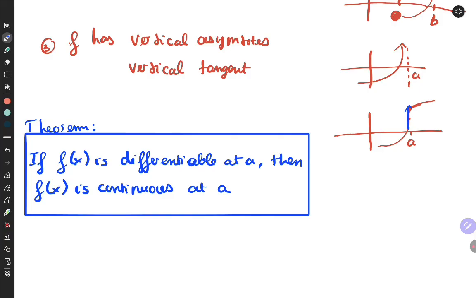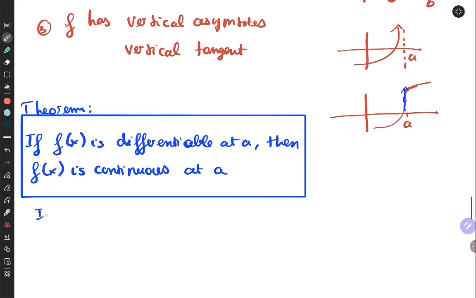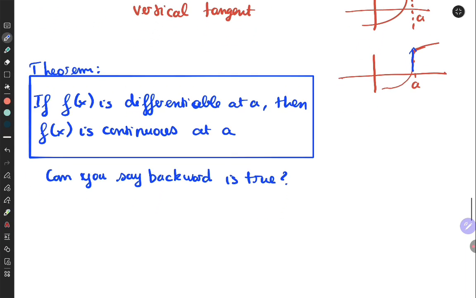Then I ask you this question. Can you say backward? First of all, I want somebody to say this statement in backward.